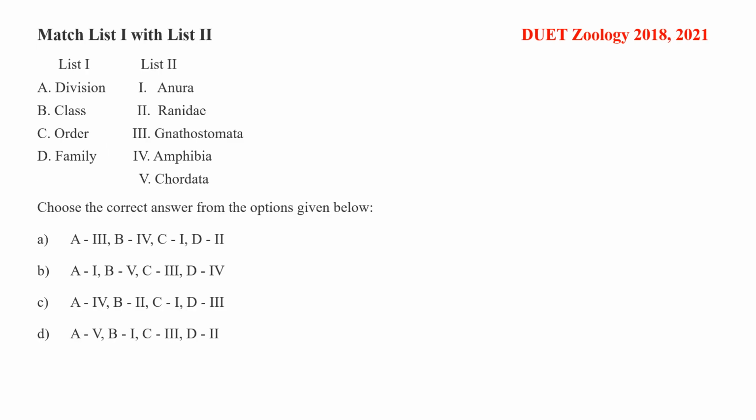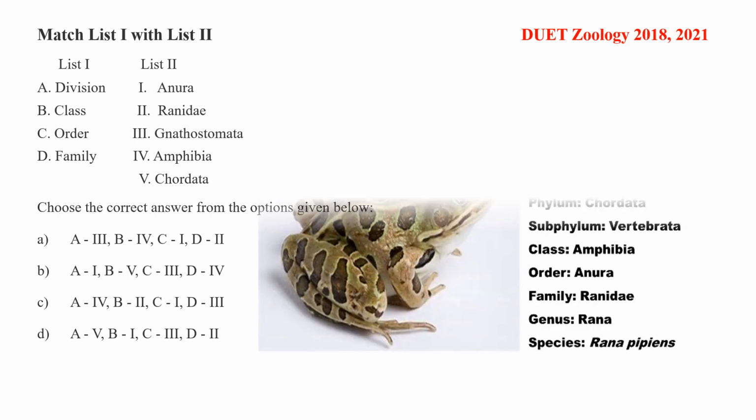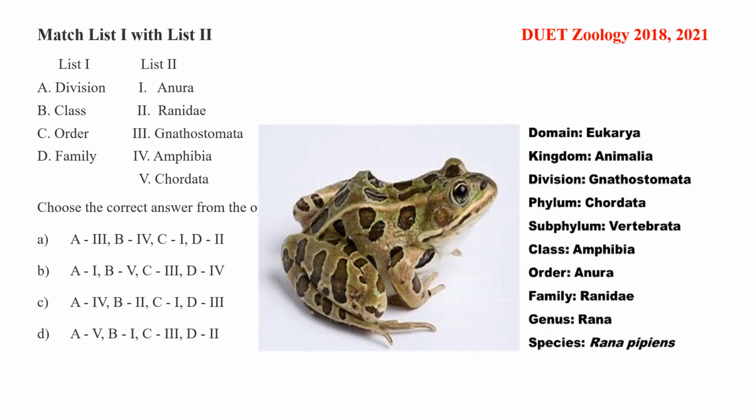Match list 1 with the list 2 items. Here in list 1, different taxonomic hierarchies are given and we have to match them with their list 2 components. So let's take the example here. In this case of toad, the domain is Eukarya, kingdom is Animalia, division is Gnathostomata. That means A is connected to 3.